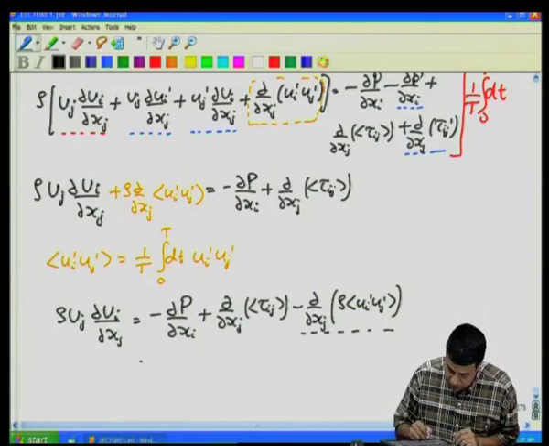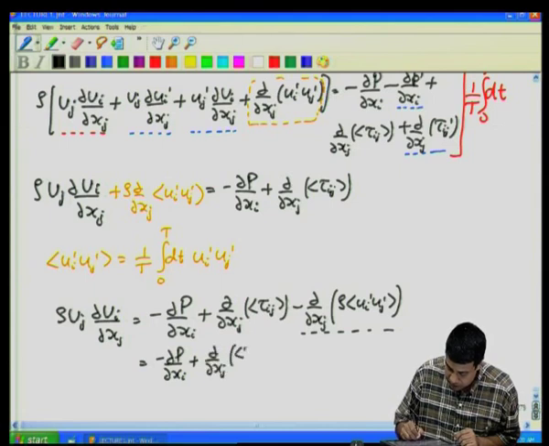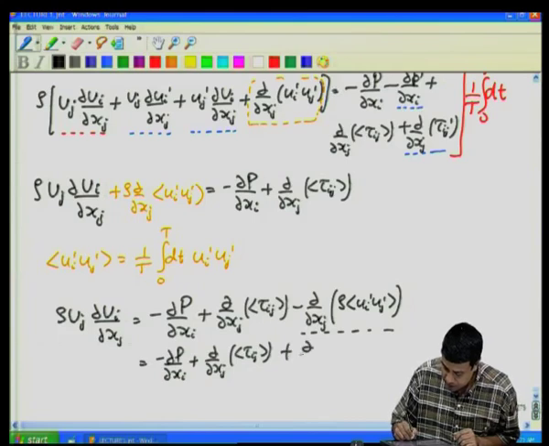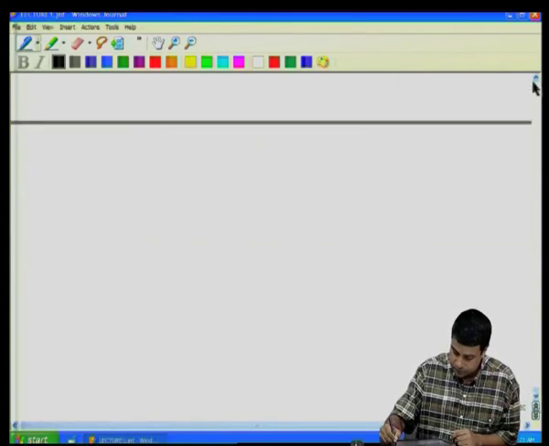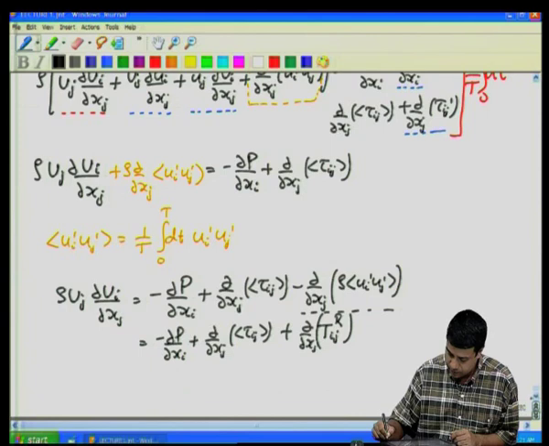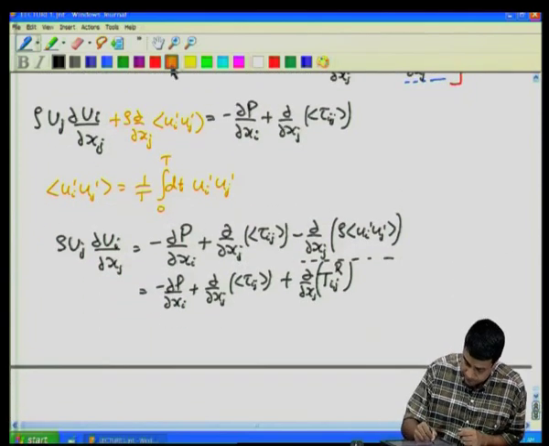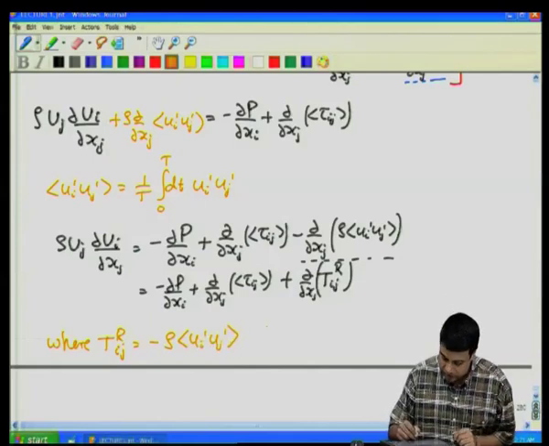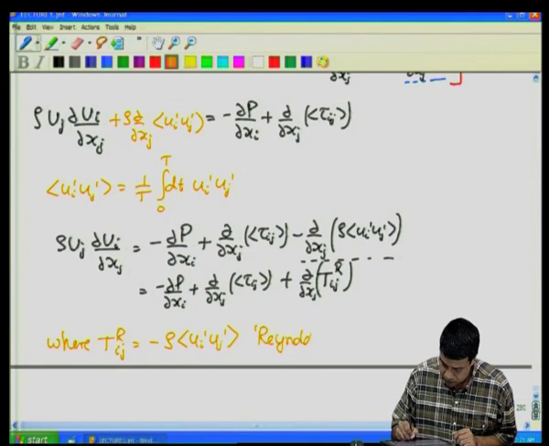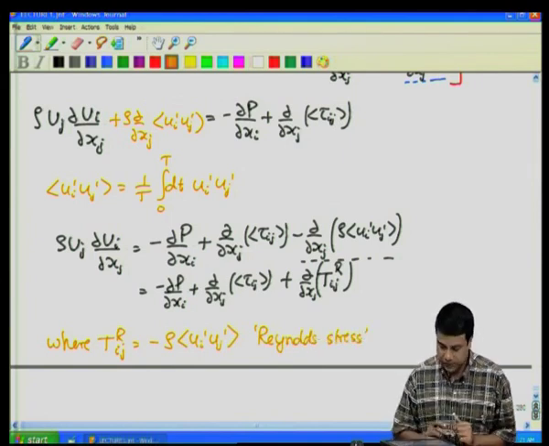I could write this as minus ∂p/∂x_i plus ∂/∂x_j of tau_ij plus ∂/∂x_j of capital T_ij, where capital T_ij is equal to minus rho u_i' u_j'. It is called the Reynolds stress.